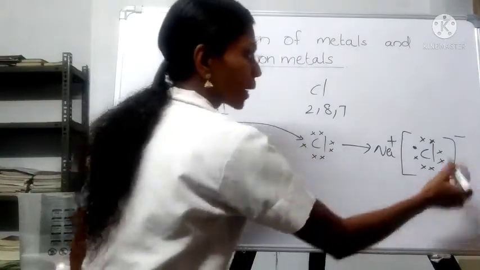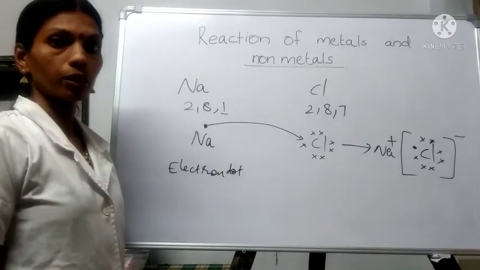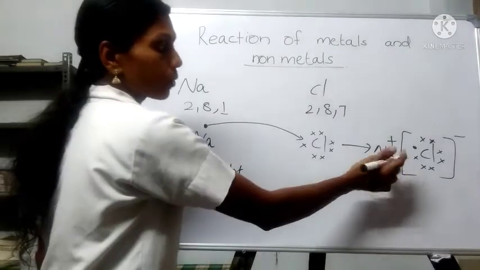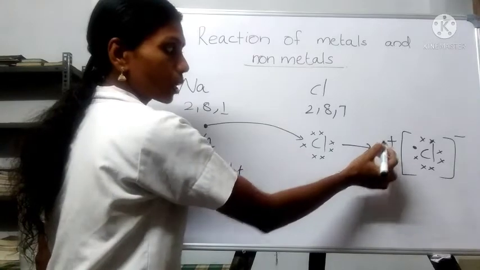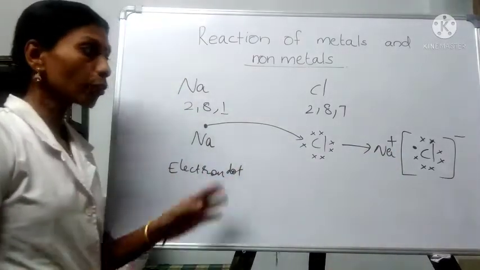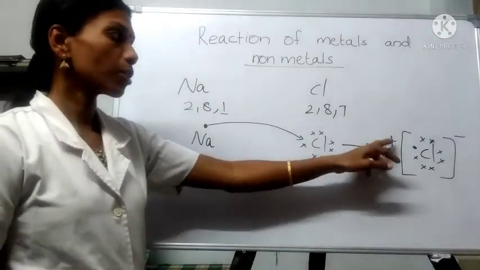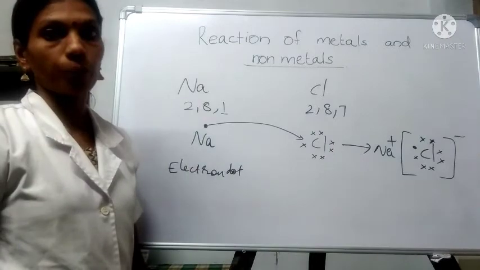Put this in bracket, and outside the bracket we can put 1 negative charge. Clear that? So here in this compound, do we want to draw the electron again in sodium? No. Sodium already lost its electron, so no need of drawing this electron there. Okay. Since it is losing electron, it is getting 1 positive charge.